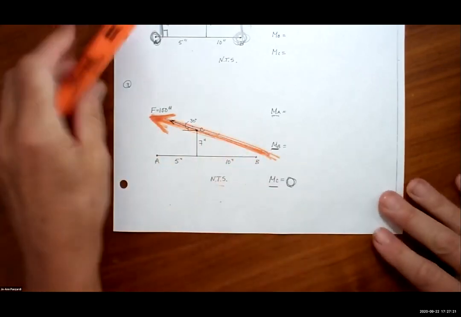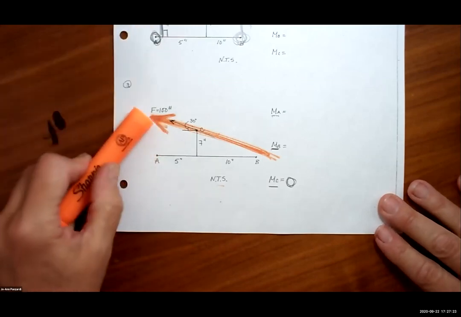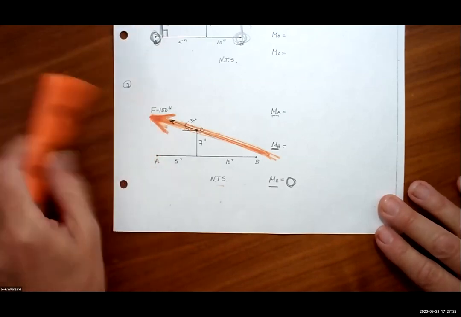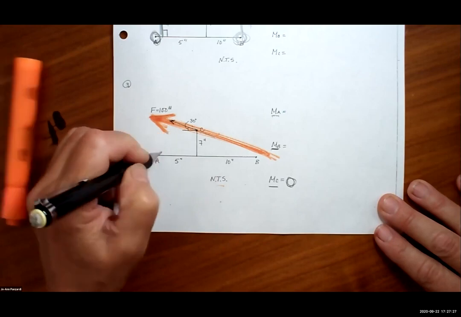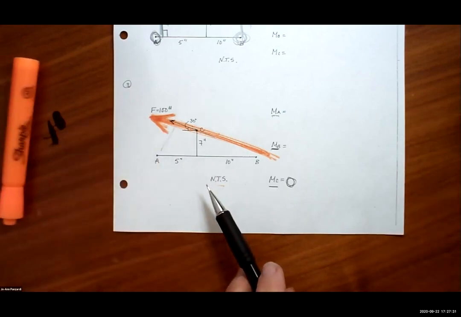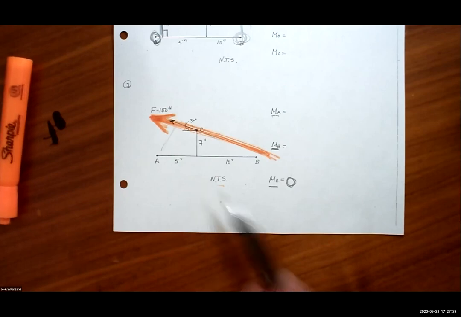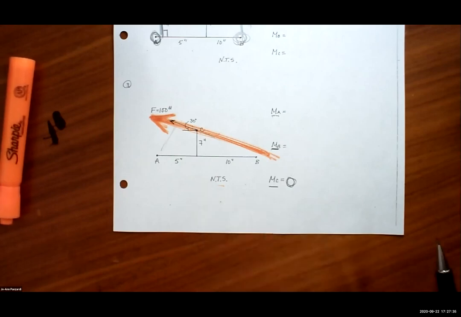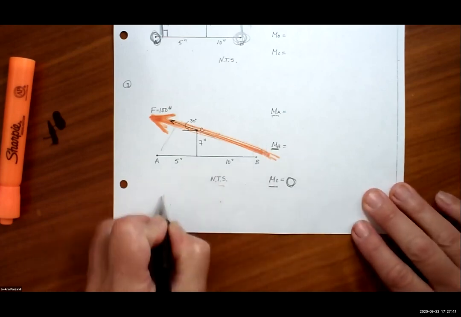So what did we do? The first thing we do is we look at where the force is. Second thing we do is we find the perpendicular distance. We are not going to find the perpendicular distance here. It's too much math, too much geometry. So let's think about what we can do. Okay, are we writing down steps?